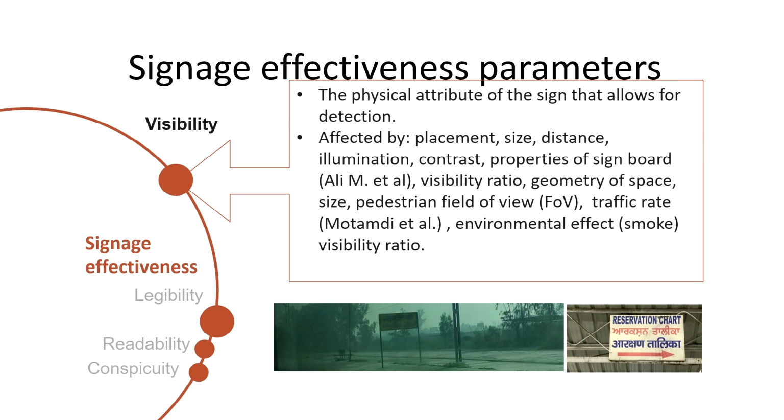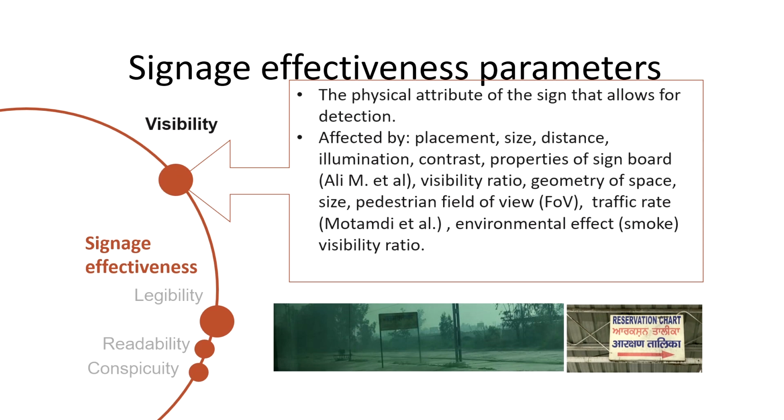Several factors influence the visibility of a sign, starting with its placement. Signs strategically positioned in a high traffic area or at eye level are more likely to catch the attention of passersby. The size of the sign also plays a significant role.